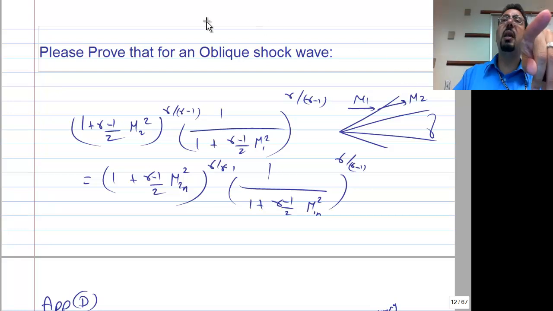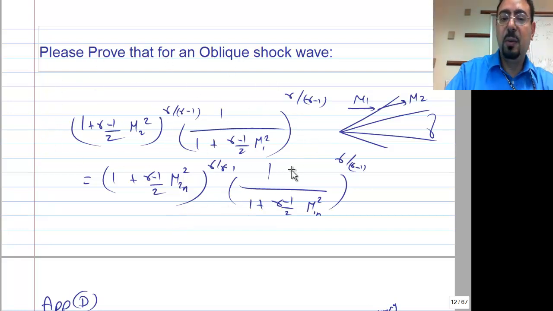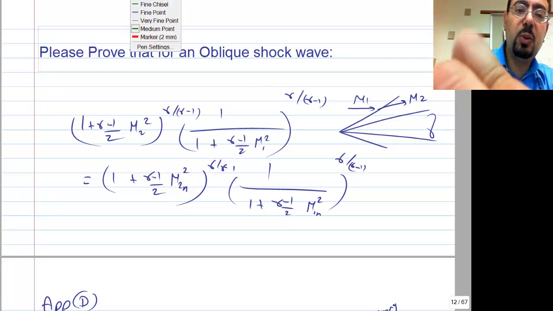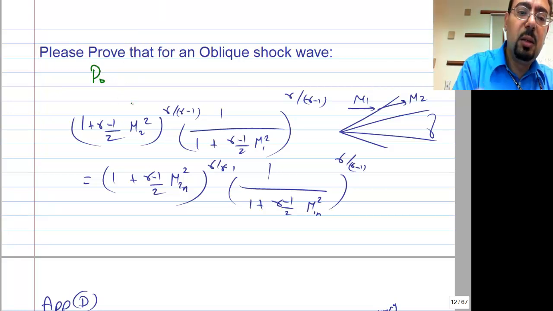By the way, this is the extra homework problem that I was telling you. Please prove that for an oblique shock wave, this is equal to this. What is that? That's basically the ratio of, can anyone recognize what that is? This is B naught 2 over B2 multiplied by B1 over B naught 1.